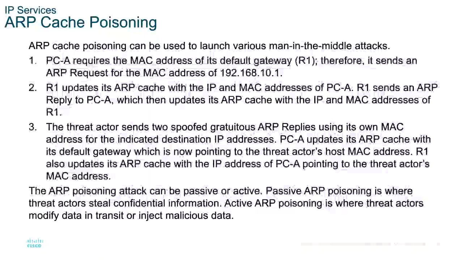PCA now updates the ARP cache with the default gateway now pointing to the threat actor. Router 1 now updates its ARP cache with the information pointing to the threat actor. So this is how we corrupt the ARP tables and then redirect traffic to perform man-in-the-middle.